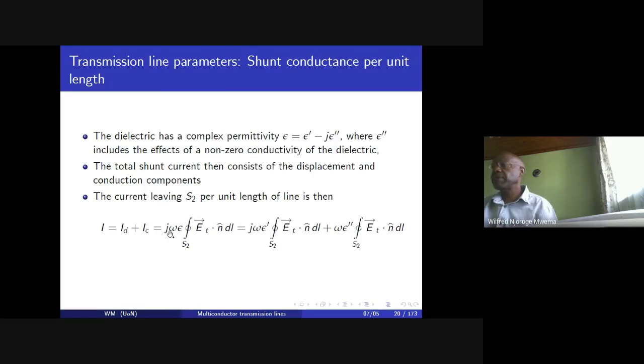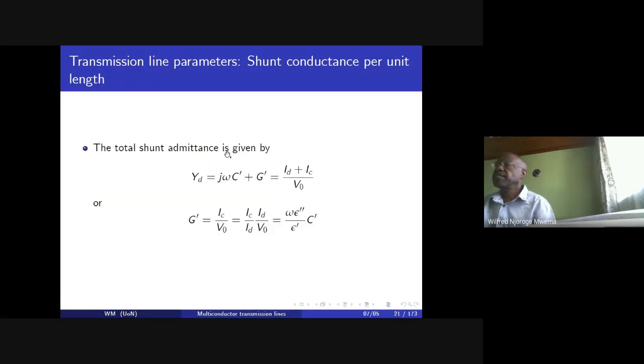And this will be given by j omega epsilon, the line integral on S2 of the electric field dot dL, and we get that value there. And we see that it's just going to be given by the displacement current, that is j omega epsilon prime multiplying that electric field, plus the conduction current, which is related to omega epsilon double prime.